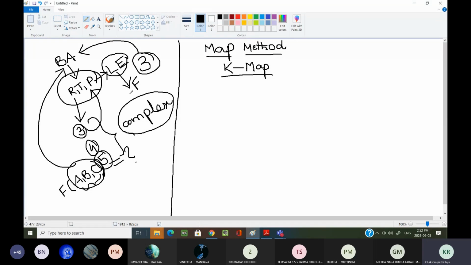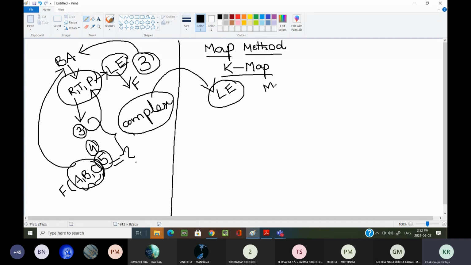That is the reason we are using another method, the easiest method of simplifying logical expressions, which is map method simplification.